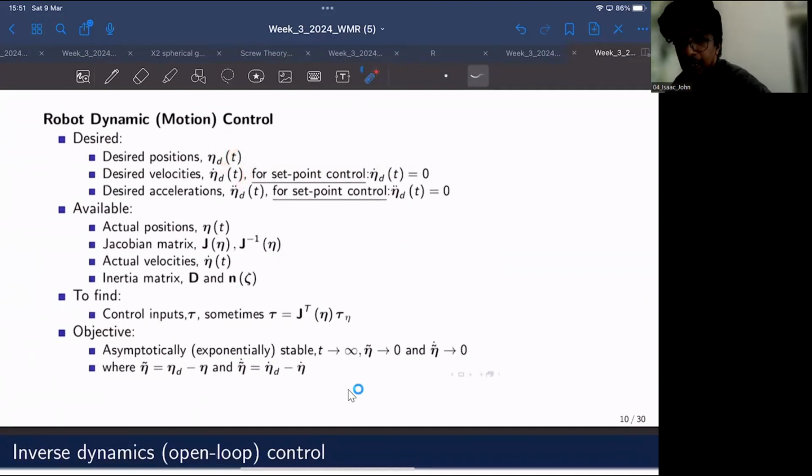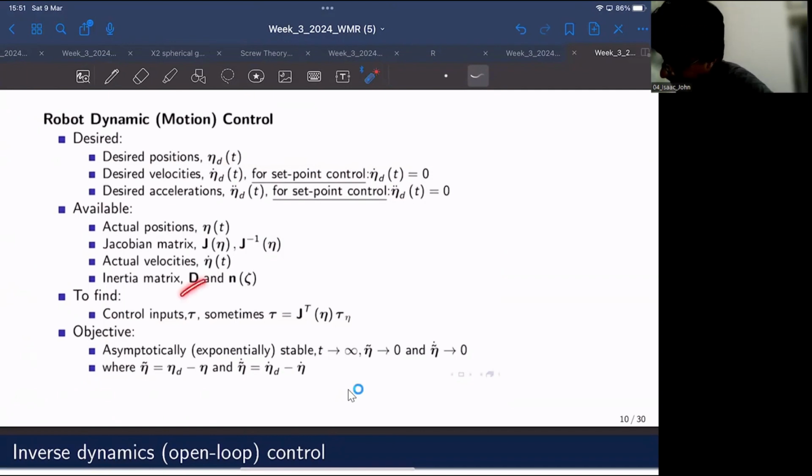And what are the things that are available to us? The actual position is available to us from the sensors. The Jacobian matrix and its inverse are also available because it is essentially nothing but cos psi, minus sin psi, sin psi, cos psi. We also have the actual velocities from the tachometers or encoders, whatever rotation or velocity sensors we are using.